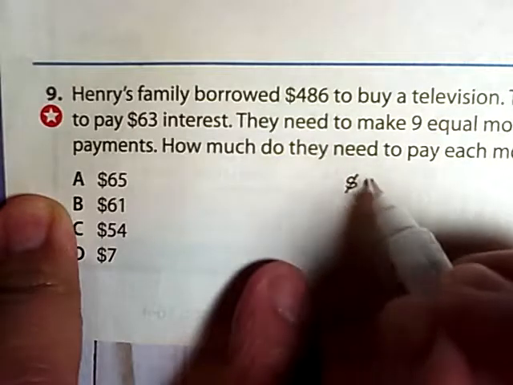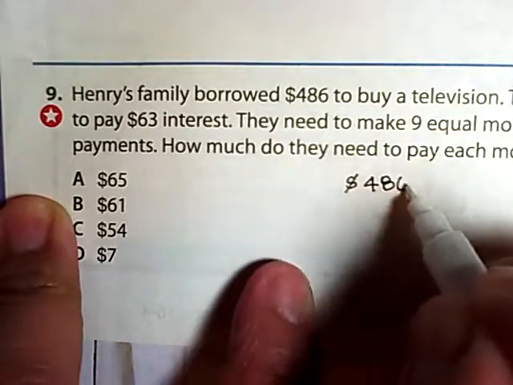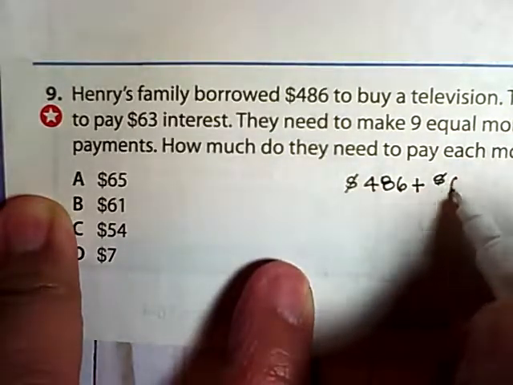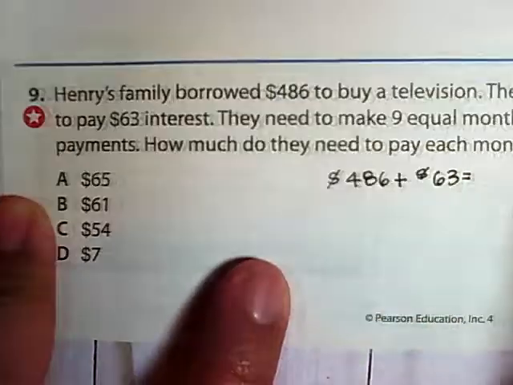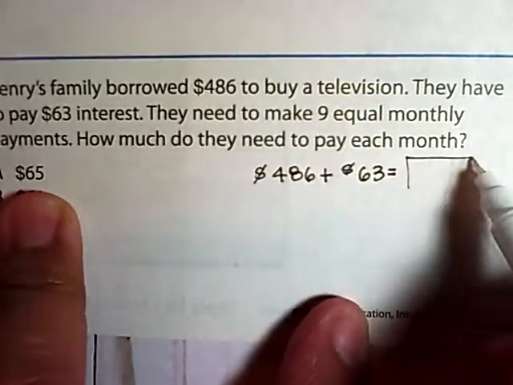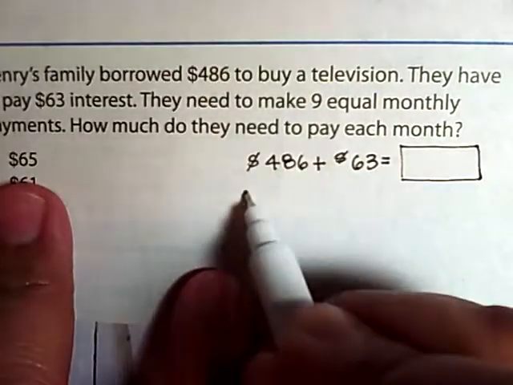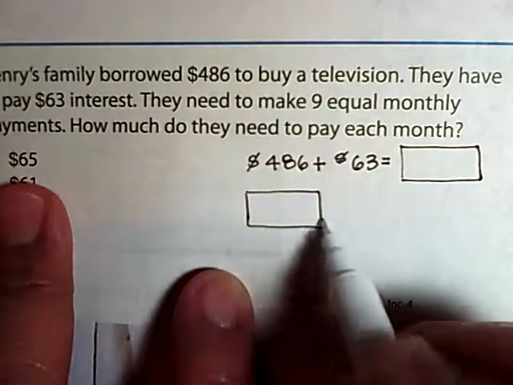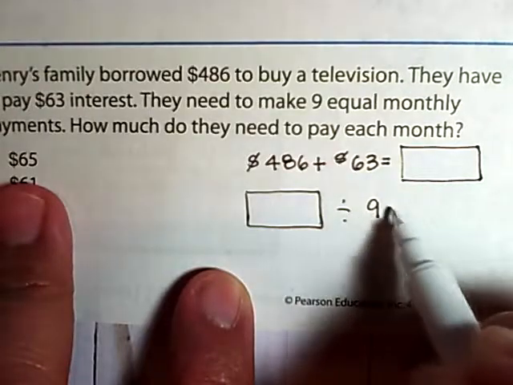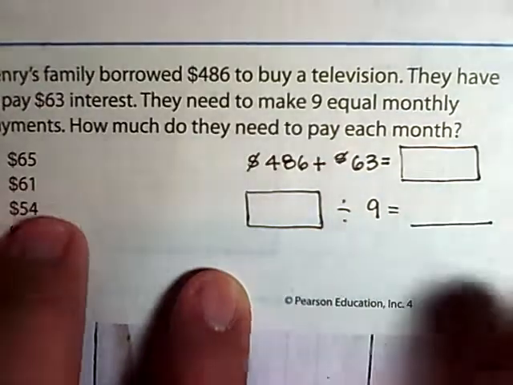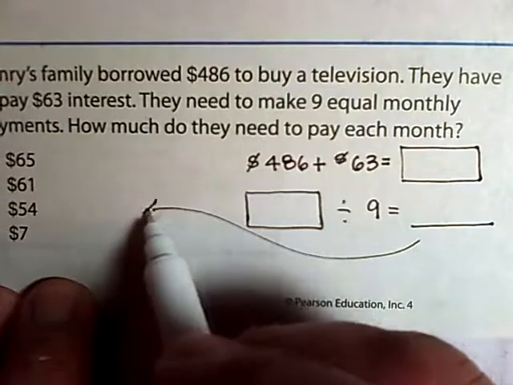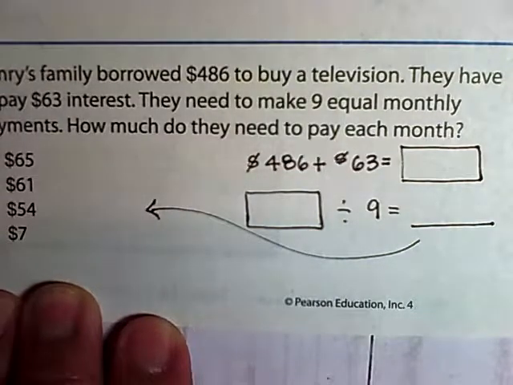So I'm going to write it right here so you don't forget. 486 plus 63 gives you a mystery amount. I'm going to put a box, okay? And then the mystery box divided by 9 equals the answer, which is one of these. I don't know which one it is, but it's one of those. Okay.